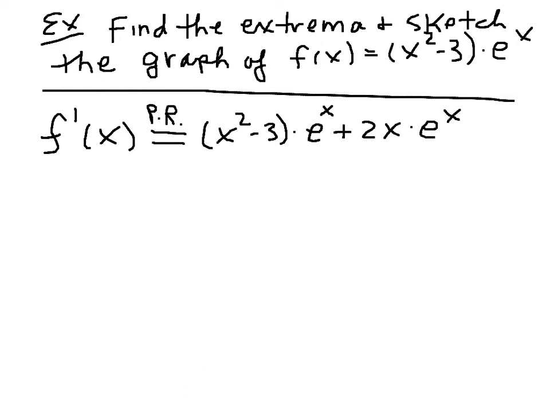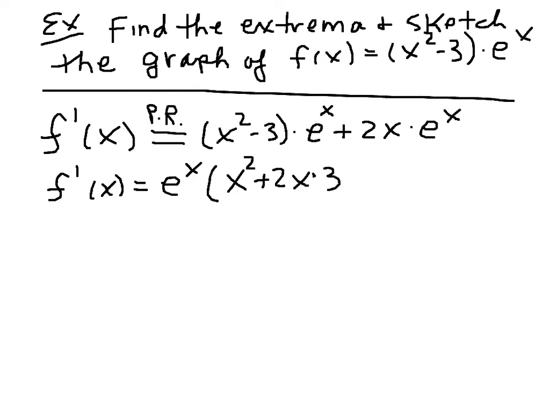So there's the derivative, there's f prime, and what we can do is manipulate this a little bit algebraically by factoring out e to the x, and we get x squared plus 2x minus 3, which we can write as e to the x times x plus 3, x minus 1.